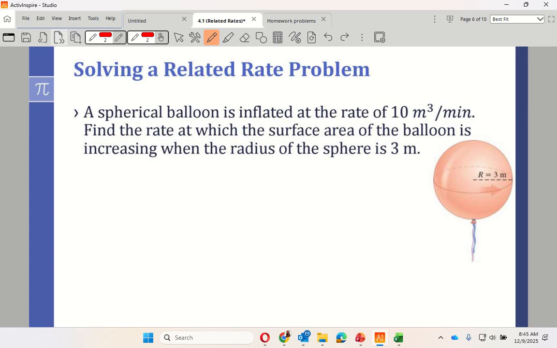Now, I have two problems that I'm dealing with here: volume and area. Volume of the sphere is 4/3 pi r cubed. Surface area is going to be 4 pi r squared.